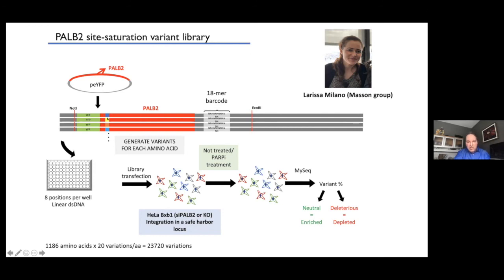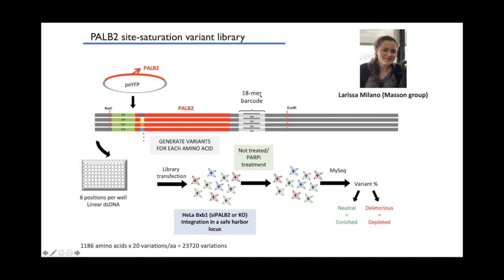Each variation is linked to a barcode, so you don't have to sequence everything all the time. After a screen, you can only sequence the barcode. These constructs are all inserted in a safe harbor locus of either knockdown PALB2 cells or knockout cells. Then the idea is to treat with PARP inhibitor and look at which variants are neutral or deleterious.